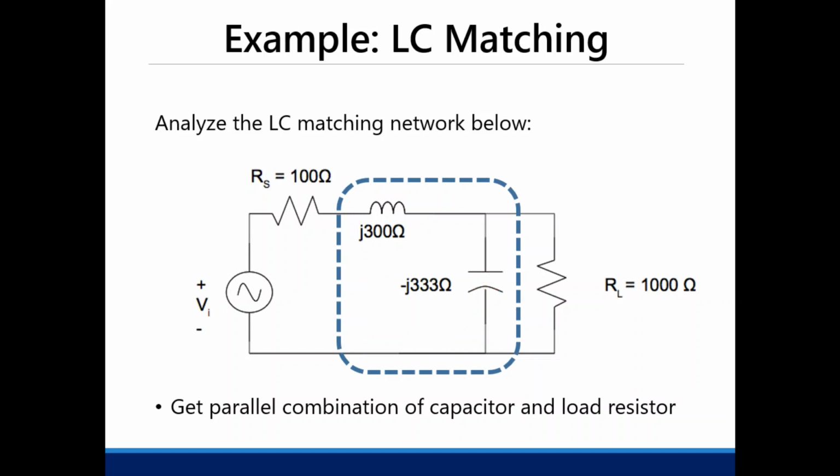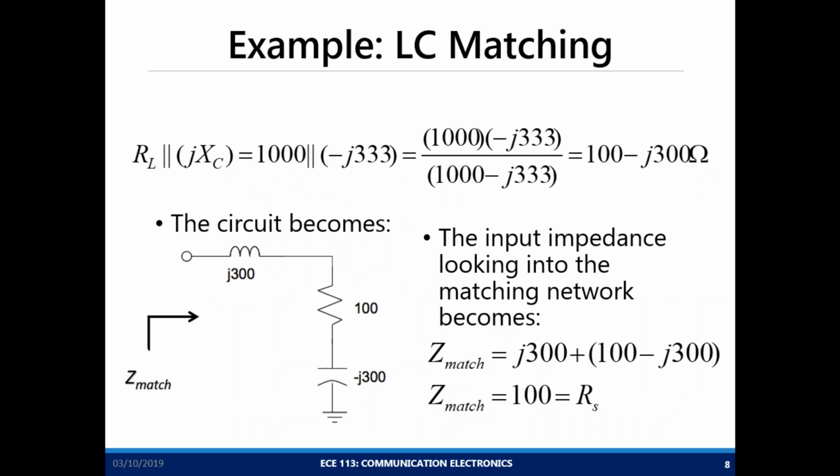So for example, let's look at this circuit. Using the shunt capacitance with this load resistance, the parallel circuit becomes equal to 100 minus j300 ohms.